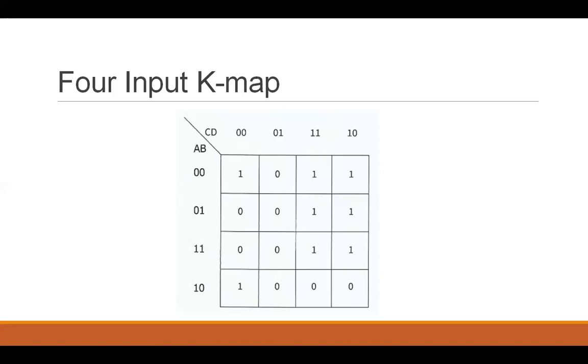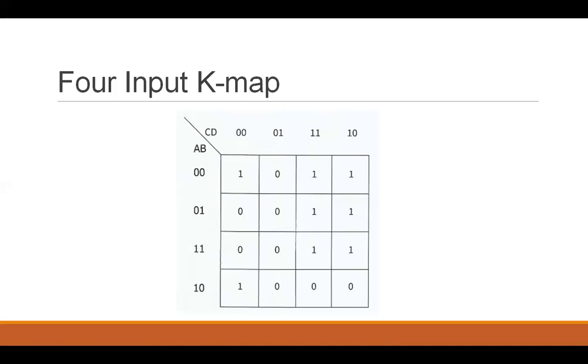For example, in this picture, I had 2 raised to power 4, A, B, C, D, 4 inputs. So I actually made a table of 16 cells. 2 raised to power 4 is 16. Then comes the labeling. And when you have to do the labeling, always follow the scheme that I have showed you on the top here. Go with 0, 0, 0, 1, 1, 1, and 1, 0.